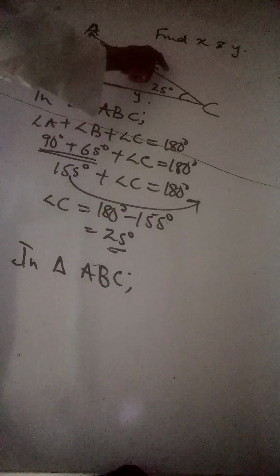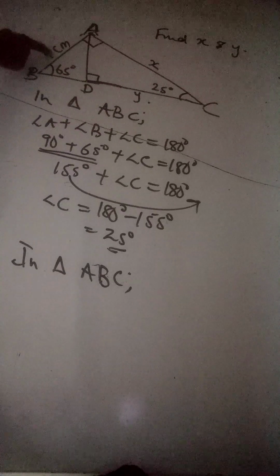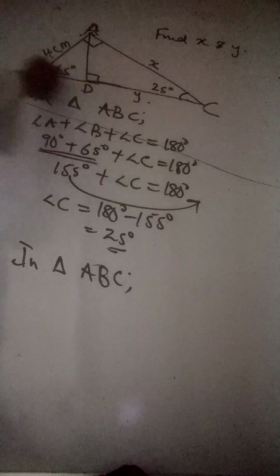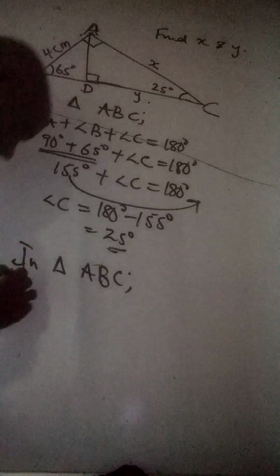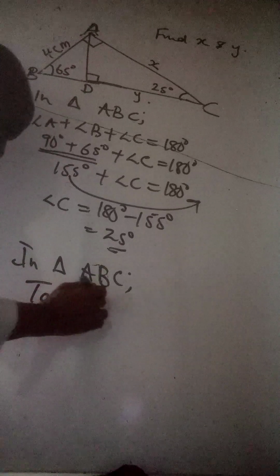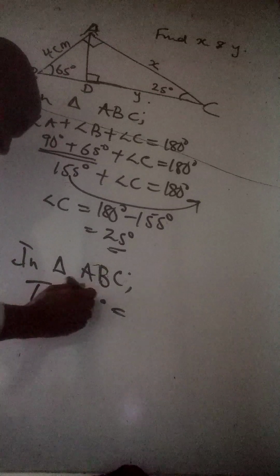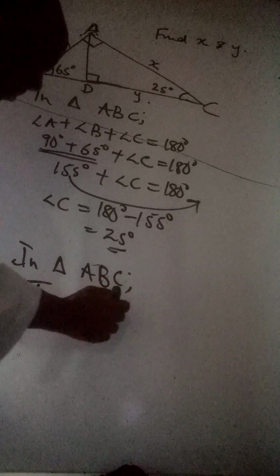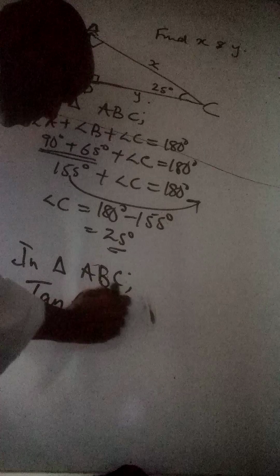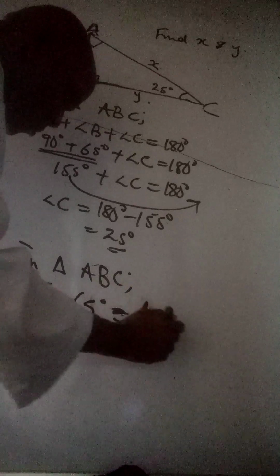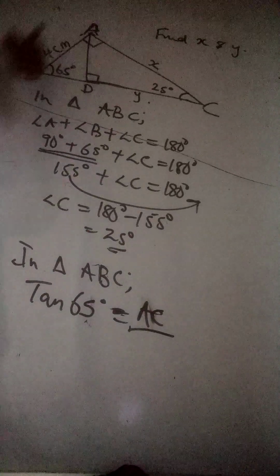This will be opposite, and this 4 will be adjacent, since the whole of here is hypotenuse. So opposite, adjacent. That means tan 65 degree will be opposite, which is AC, over adjacent, which is AB.